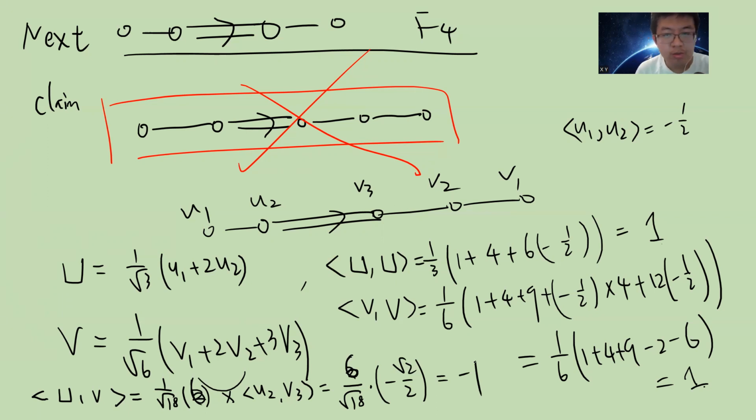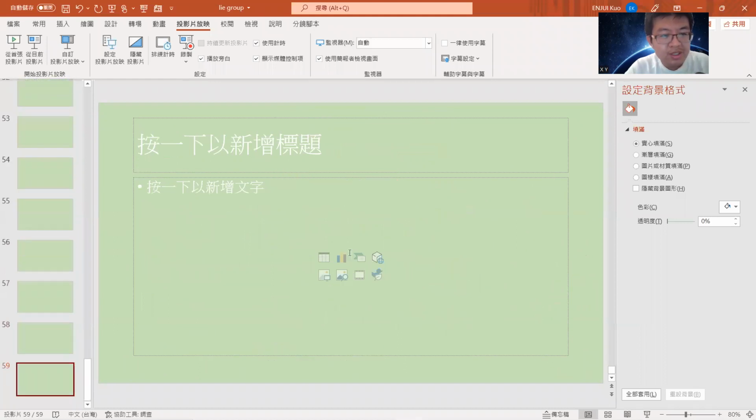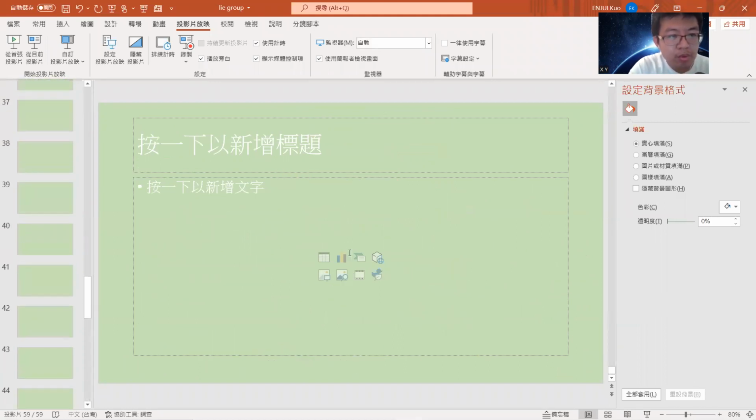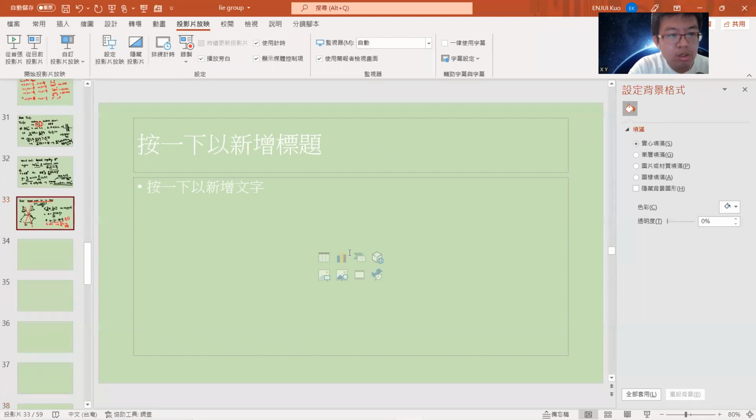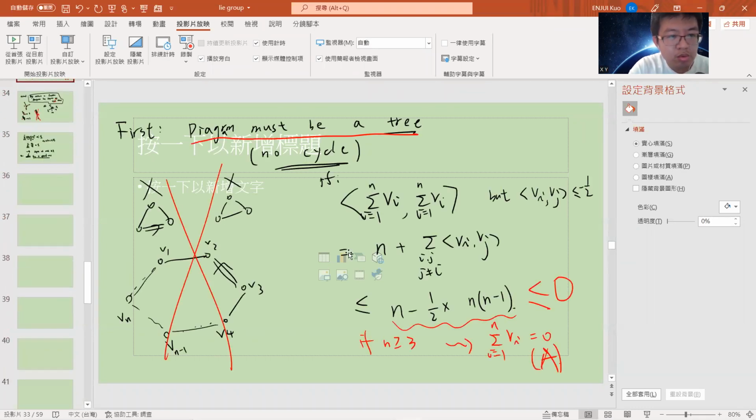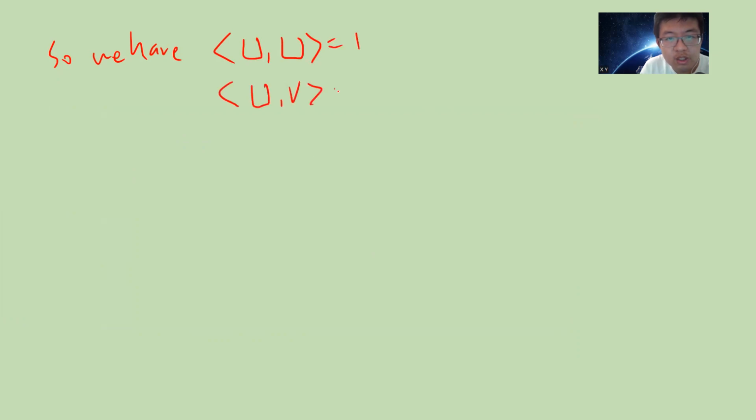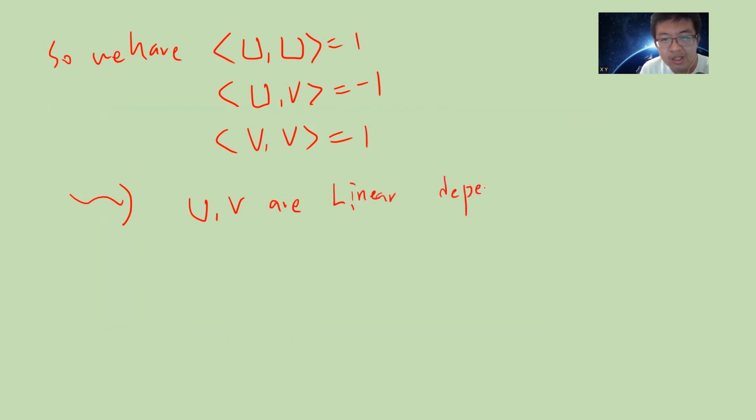Okay, so now we have UU is 1, UV is minus 1, VV is 1. So which tells you that what? U and V are linearly dependent.